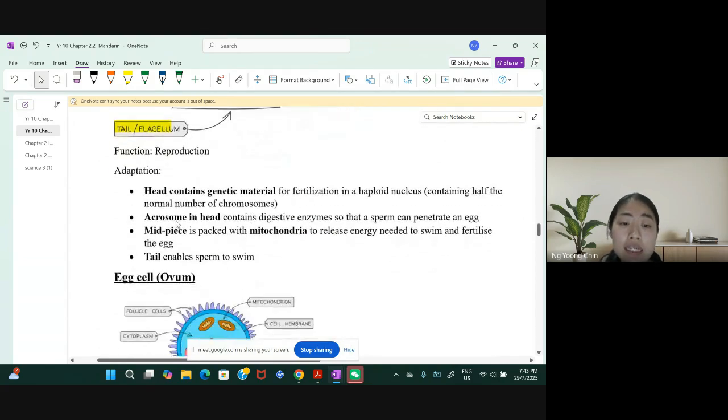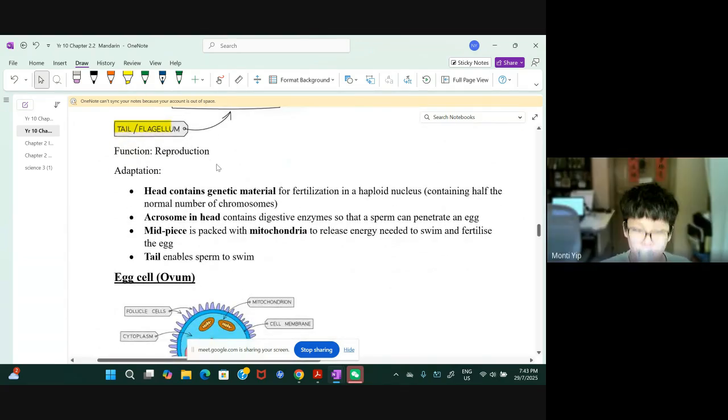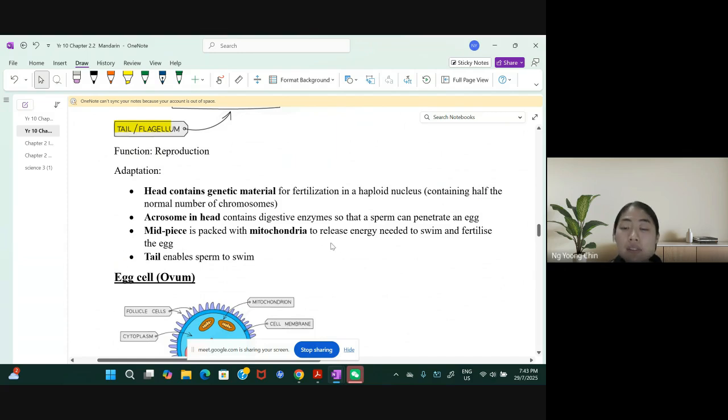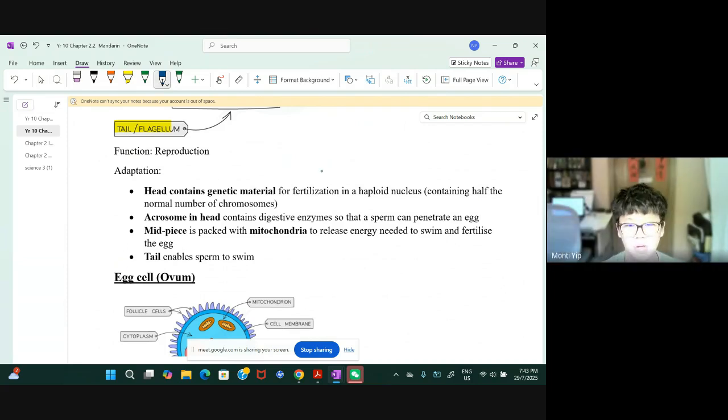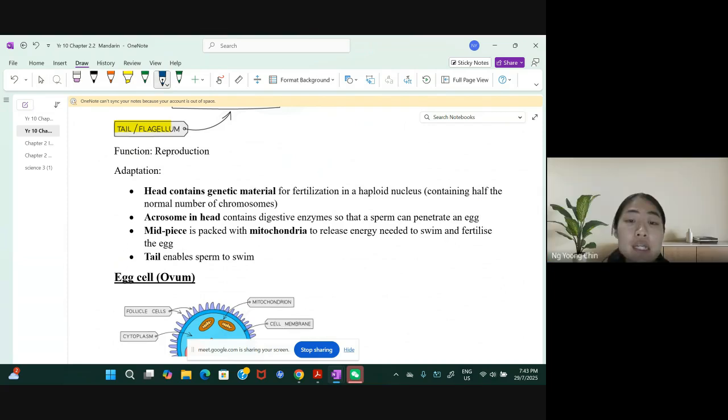So this is the head, which contains genetic material, DNA. The DNA contains half the normal number of chromosomes. This is just for your information. Monty, how many chromosomes are in our body cell? 23? Actually, it's 46 in total. Later we'll learn more.